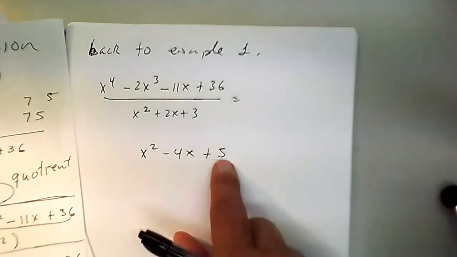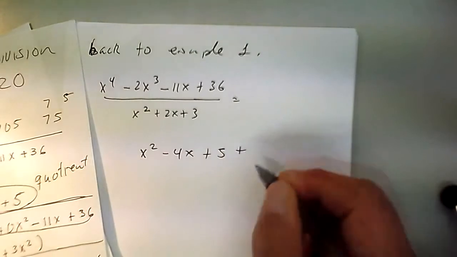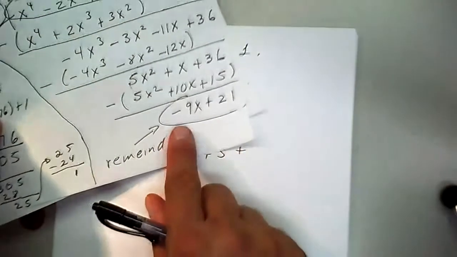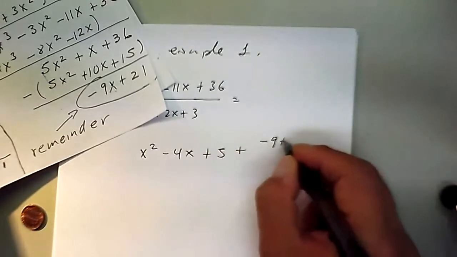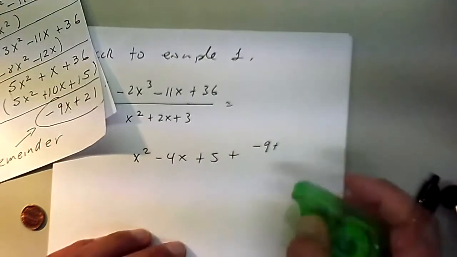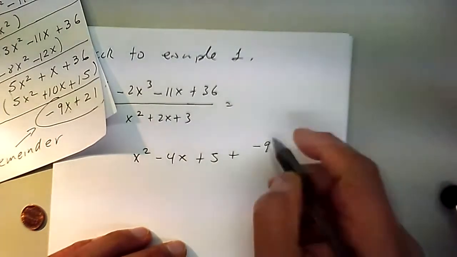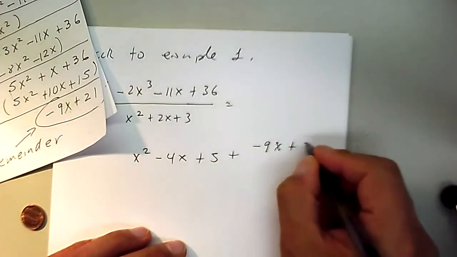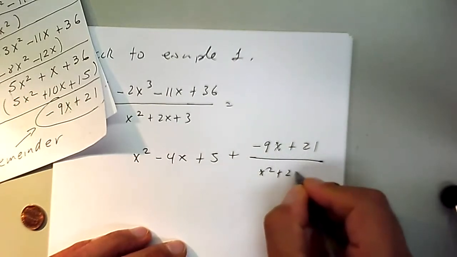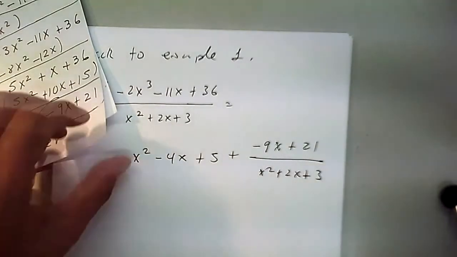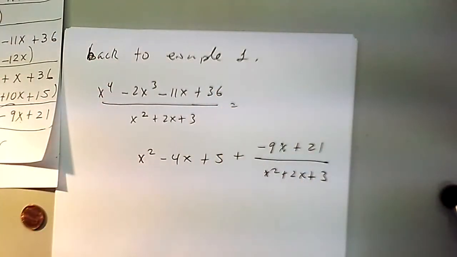So this is like the 4, and how much is left over? Negative 9x, I forgot the x, negative 9x plus 21 divided by x squared plus 2x plus 3. So if the question looks like this, then there's the answer.